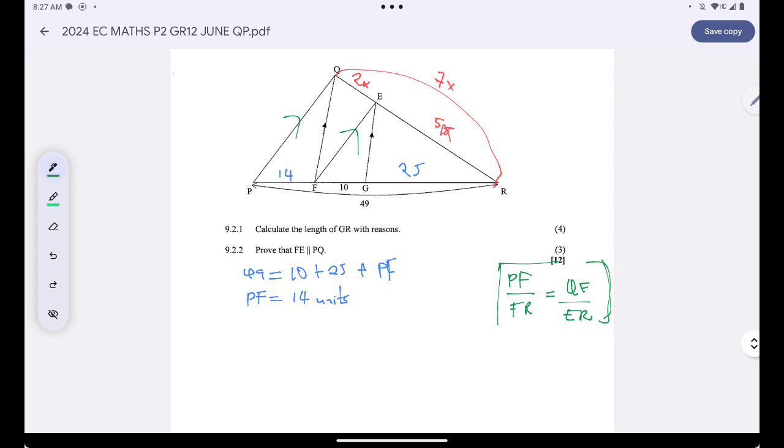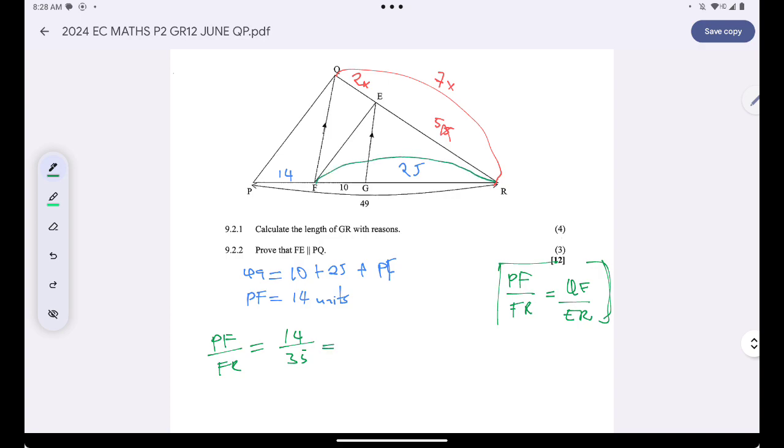Why? Because the other two sides will be in the same proportion, according to the converse of proportionality. Okay, let's go. PF over FR is equal to 14 over 35, right? Because FR is 10 plus 25, which is 35.